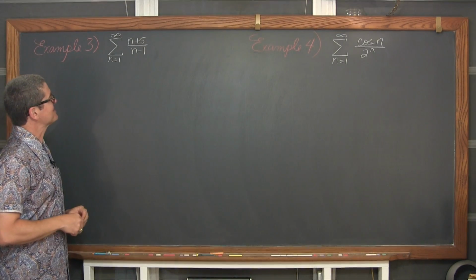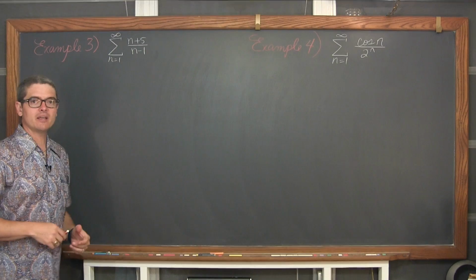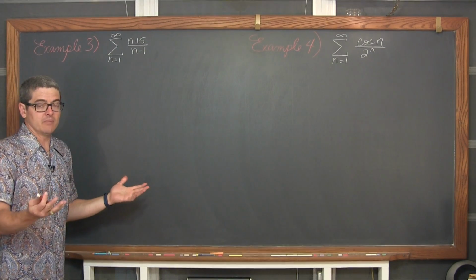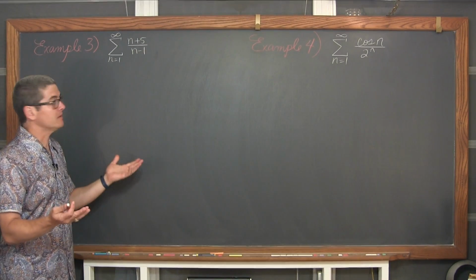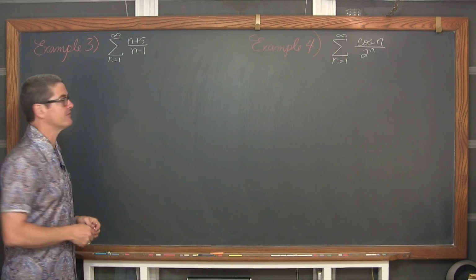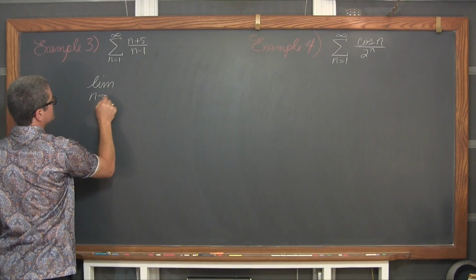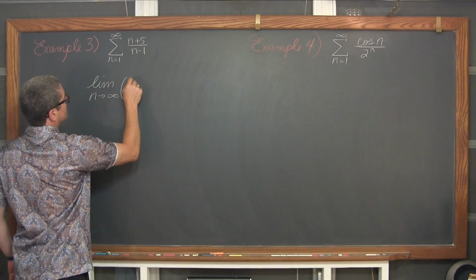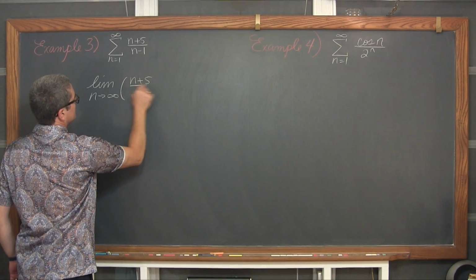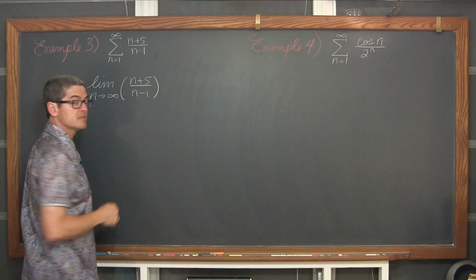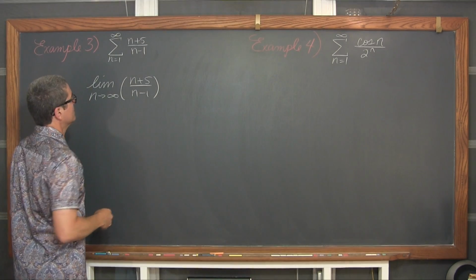So we have this series, and can we almost immediately determine if it diverges? Well, is the limit as n approaches infinity of n plus 5 over n minus 1 equal to 0 or not equal to 0?